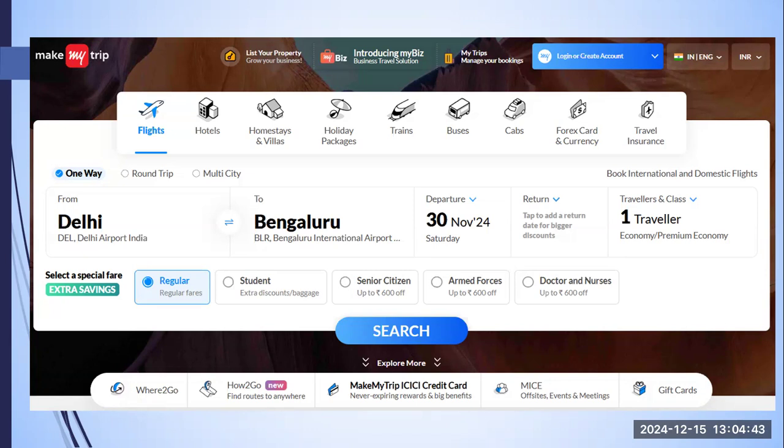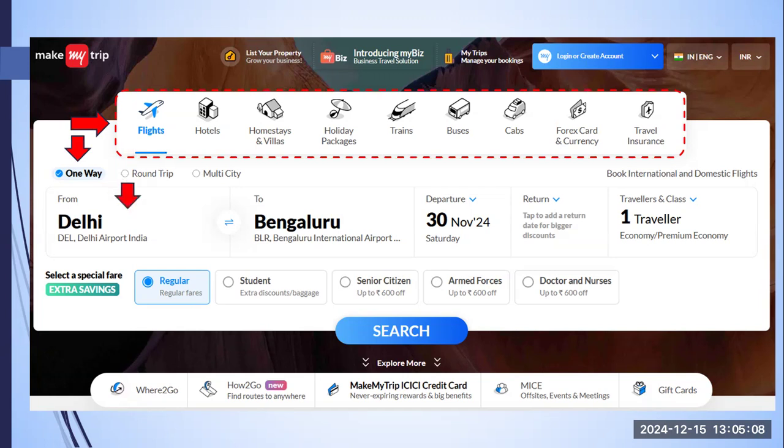First, you see in the flight, there are all these services that Make My Trip provides. First they take the data: one way, round trip, and multi-city. That data will be inserted in a particular column in the database. One way, okay, the category.